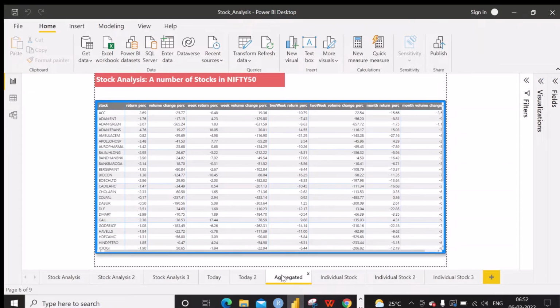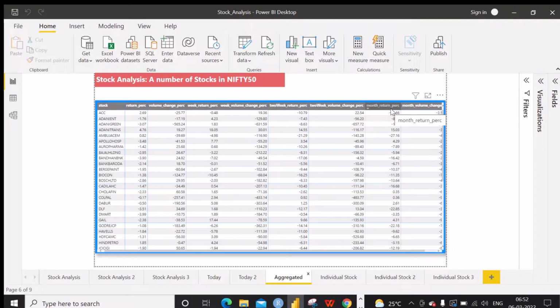For every stock, what we have given here is the return percentage and the volume change percentage for different periods of time. For example, the first column contains today's or the latest day's return for that particular stock, followed by week return percentage, 2 week return percentage, month return percentage.